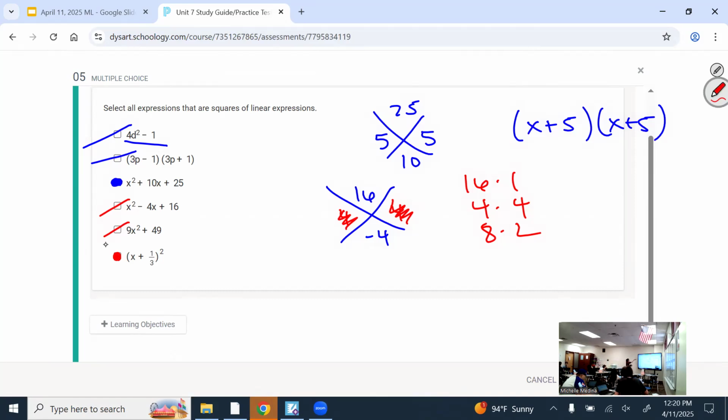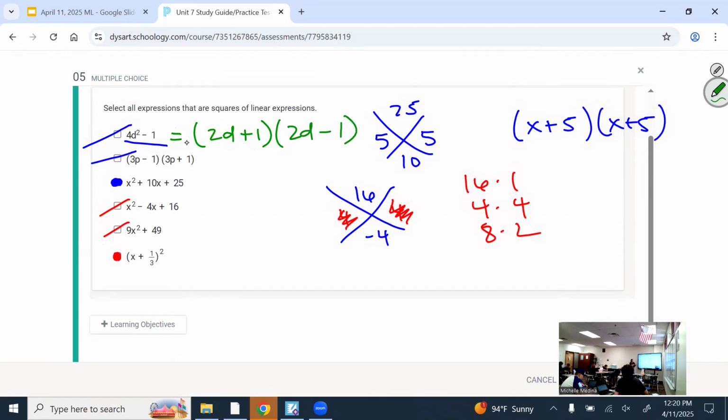What I was trying to get you to recognize up here for the first one is that it is a difference of squares, but that's not the same thing as a perfect square. Okay? Difference of squares is the ones that, if they are perfect squares, you put the square roots with 1 plus and 1 minus.